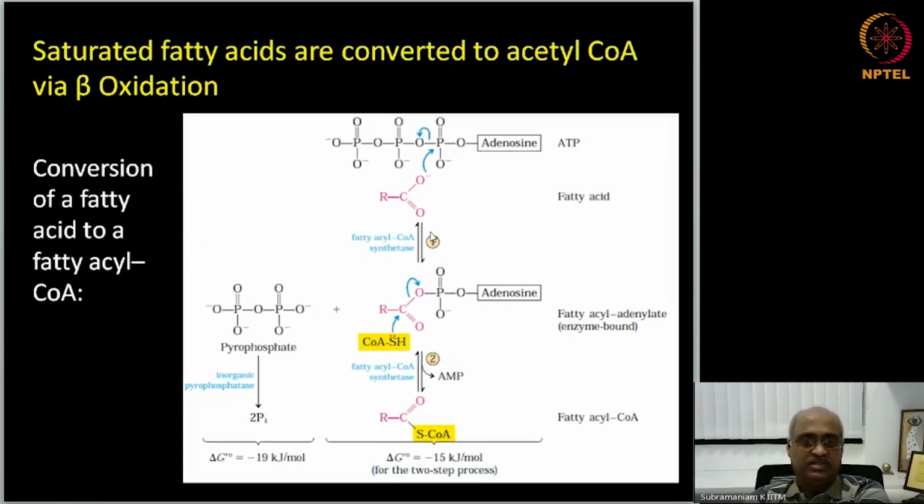The first step is the alpha phosphate of ATP combines with this carboxylic acid, forming a mixed anhydride on the enzyme surface. So this intermediate is on the enzyme. That is enabled by a nucleophilic attack on this phosphorus.